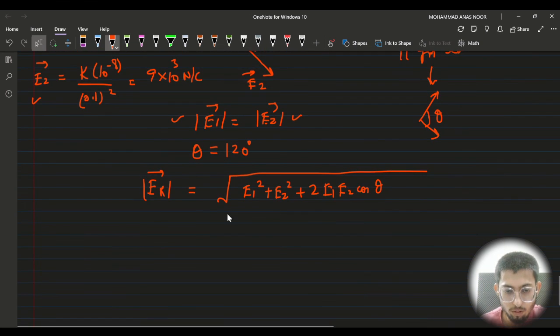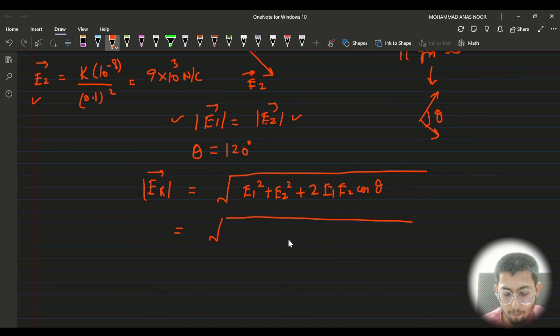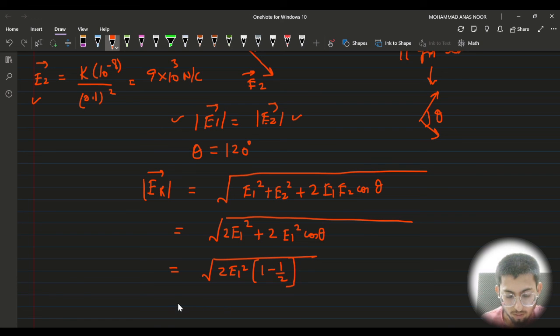Since E1 is equal to E2, we can write 2E1 square plus 2E1 square cos 120. Cos 120 is minus 1 by 2. So square root of 2E1 square times (1 plus cos theta), that means 1 minus half.